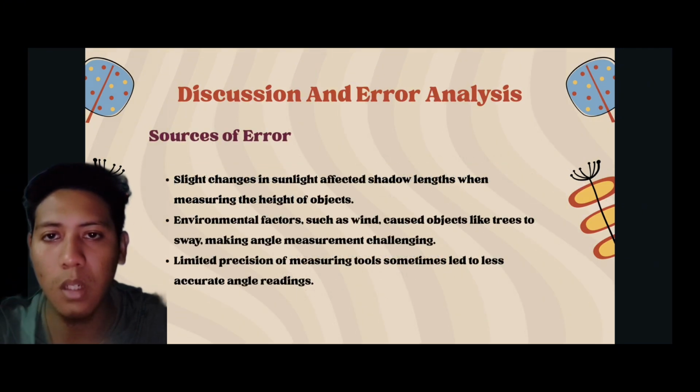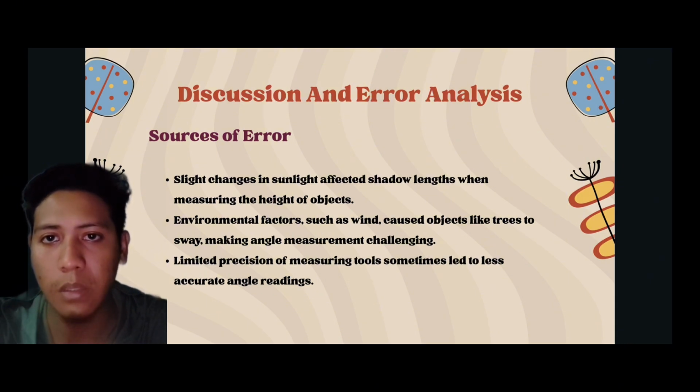Next, these are the sources of error that we identified during our fieldwork. Slight changes in sunlight affected the shadow length when measuring the height of an object. Second, environmental factors such as wind cause objects like trees to sway, making angle measurement challenging.